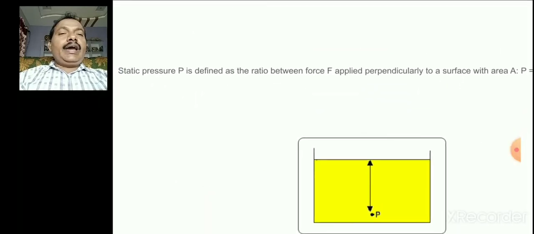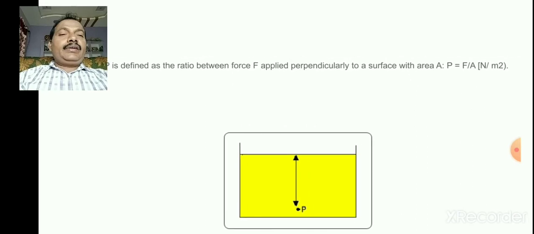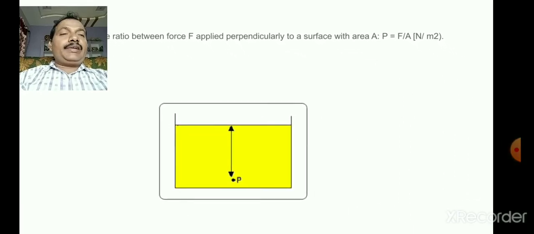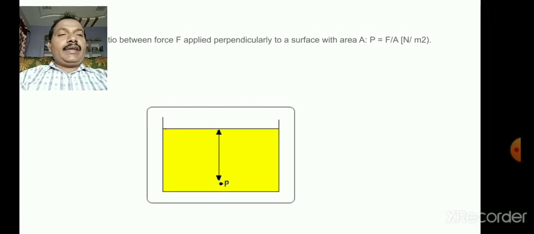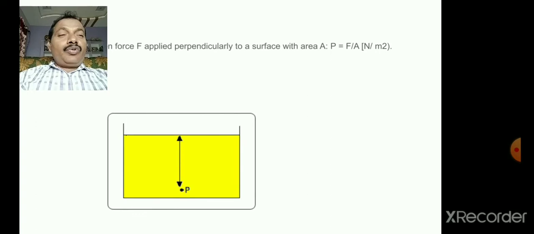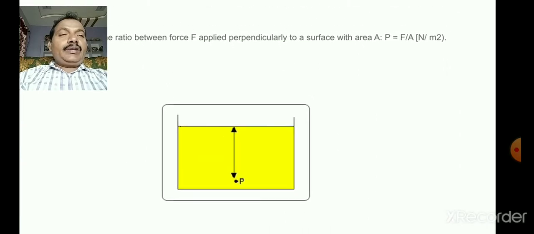Here static pressure P is defined as the ratio between force applied perpendicularly to a surface and the area A. That is, P is given by force divided by area. On the surface at point P, the force is acting.